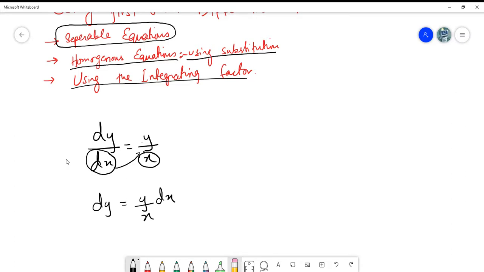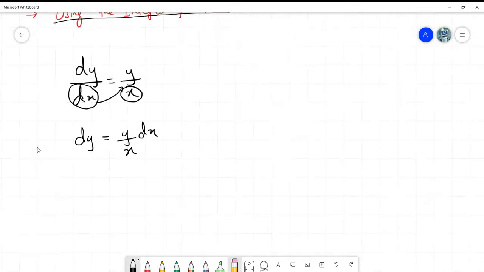dx. As you can see, x and dx are on one side of the equation now, but y is still not written with dy. So we'll try and take y on the other side. Remember, I can write this as y into 1 over x dx and this as dy.